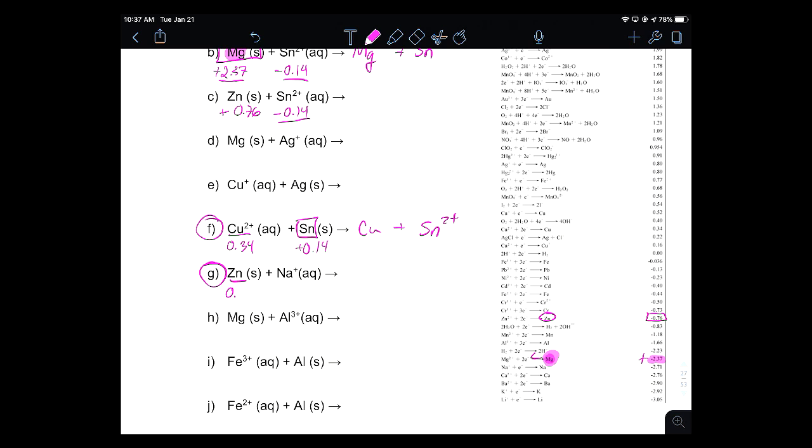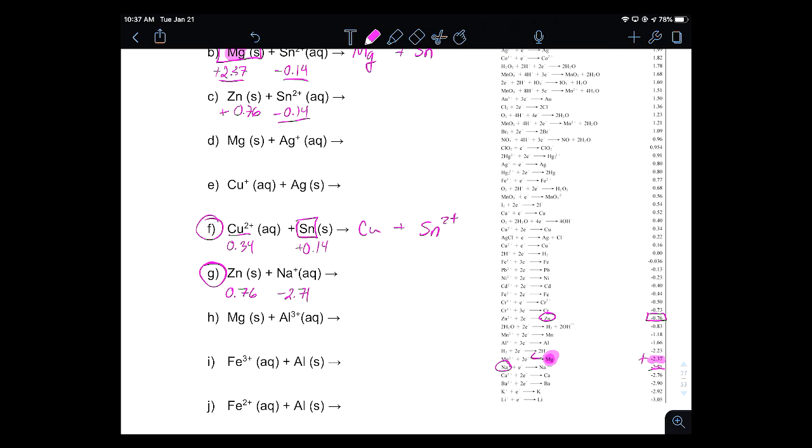And as long as these two numbers add up to a positive number, the reaction is spontaneous. So adding a positive 2.37 and a negative 0.14, that's a positive value. So that is a spontaneous reaction.